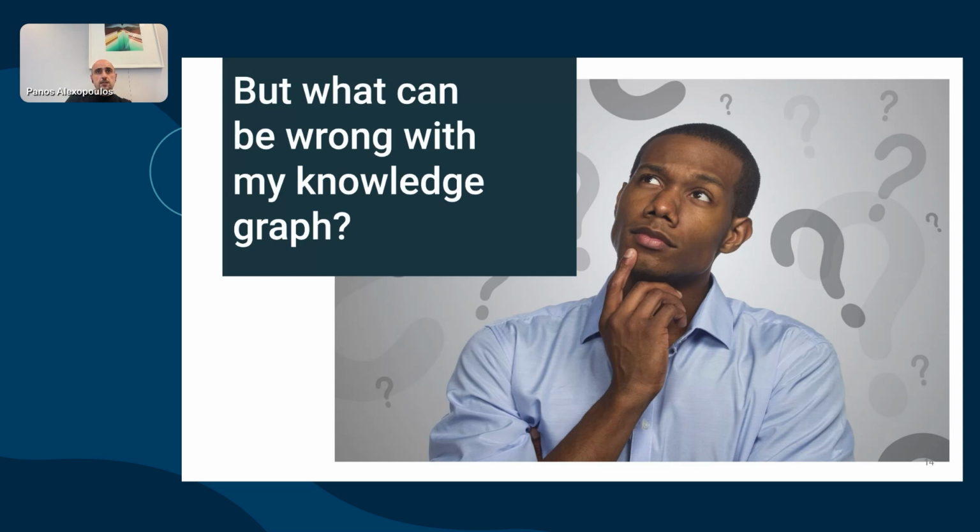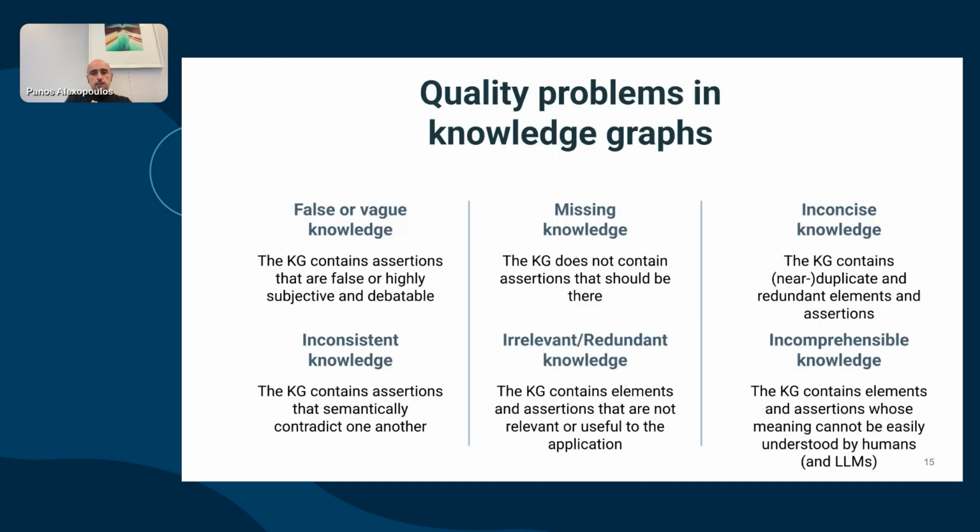The thing is that in practice, from my experience, and I guess many other people's experiences, there can be many things potentially wrong with a knowledge graph that we need to be very careful of. And I would summarize here, I would say there are 6 main categories of problems in a knowledge graph.